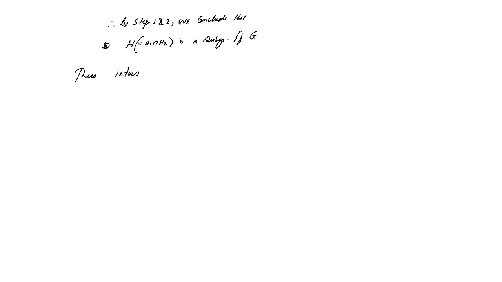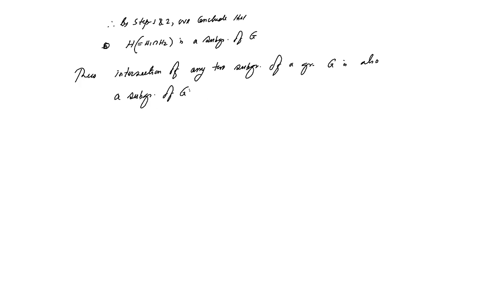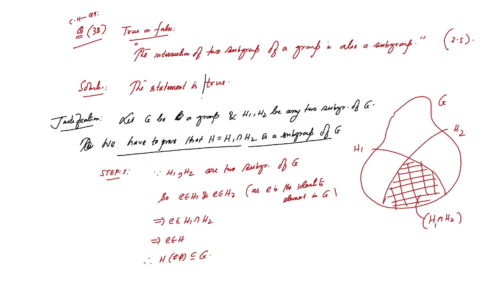Therefore, by step 1 and step 2, we conclude that H equals H1 intersection H2 is a subgroup of G. Thus the intersection of any two subgroups of a group G is also a subgroup of G. So the statement is true.